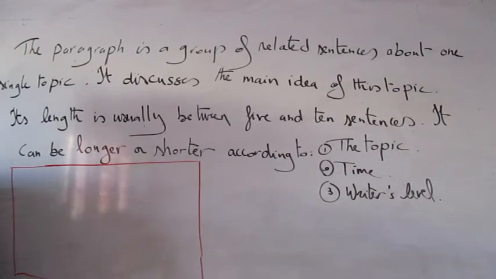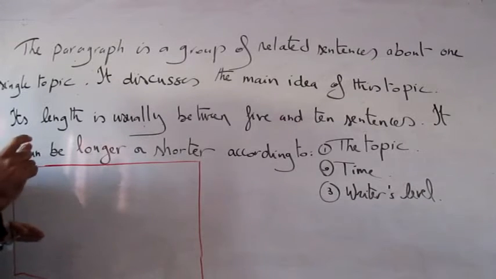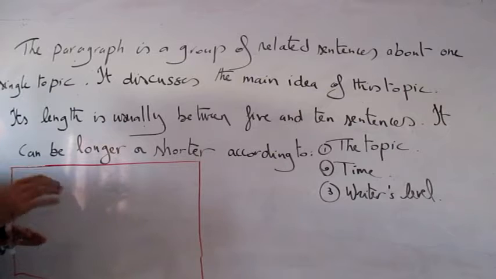So, I must first always leave a space, or we call it the indentation. It means I must indent my paragraph. If you are typing on your computer, you must leave 5 spaces, or you press the tab key, the tab button with 2 arrows.